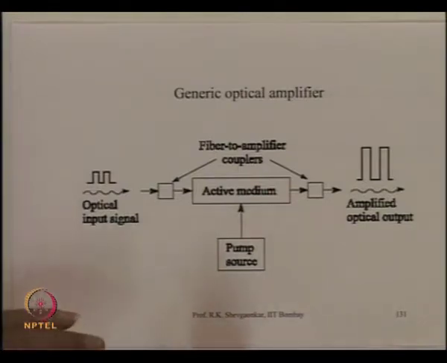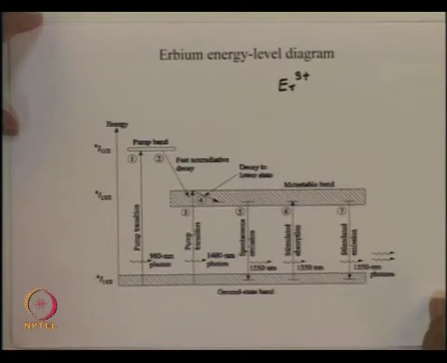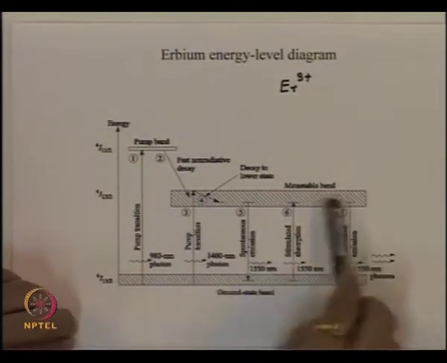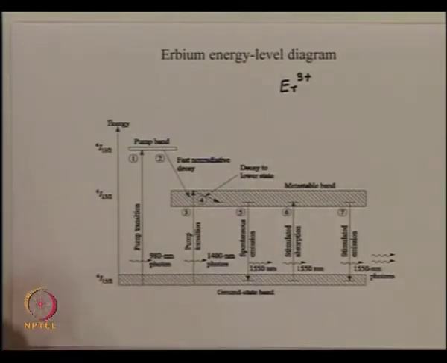So, if we take a normal fiber and dope the core of this optical fiber with the atoms of erbium, then we get the energy levels inside the core of the optical fiber which look like this.